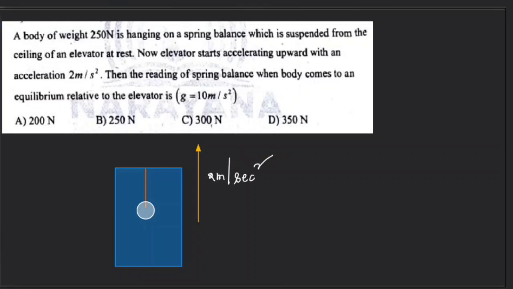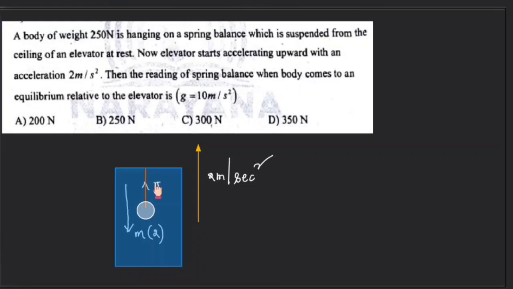This elevator is moving up with an acceleration of 2 meter per second square. Therefore, since this frame is accelerating, it is a non-inertial frame, so there will be some pseudo force acting on this block, on this bob. The pseudo force will be equal to the mass into acceleration, that is m into 2.